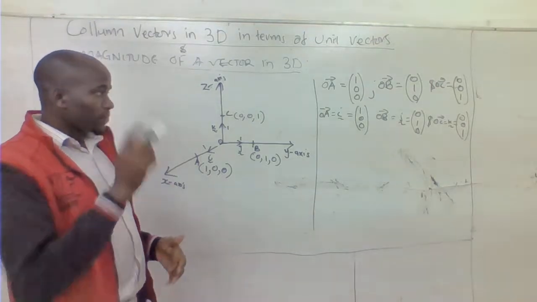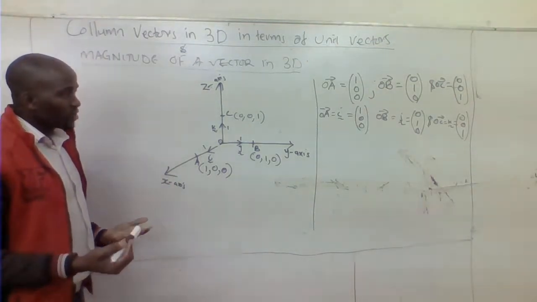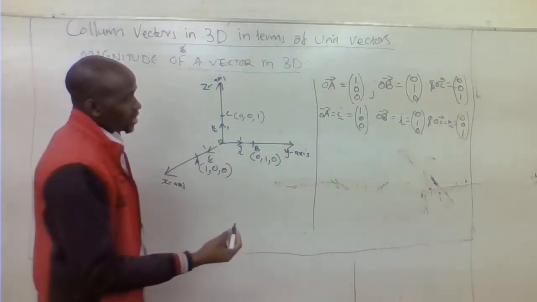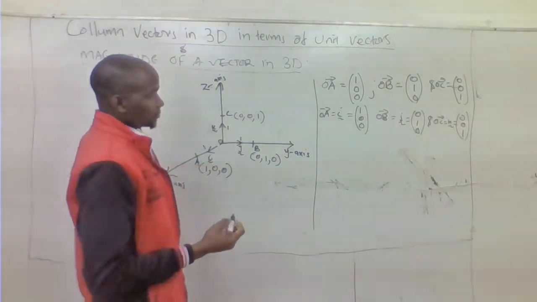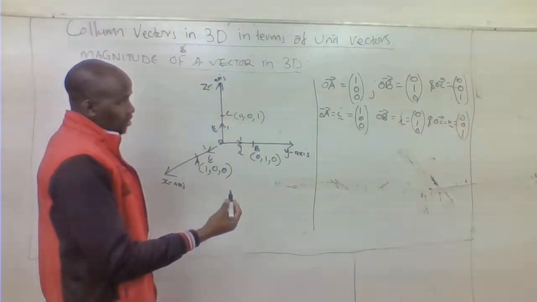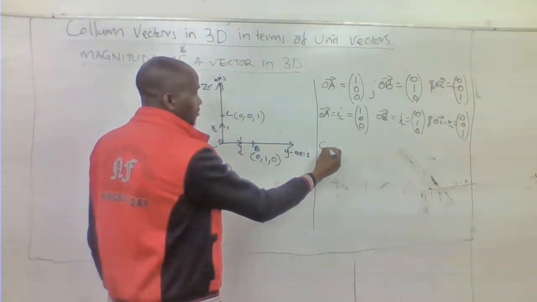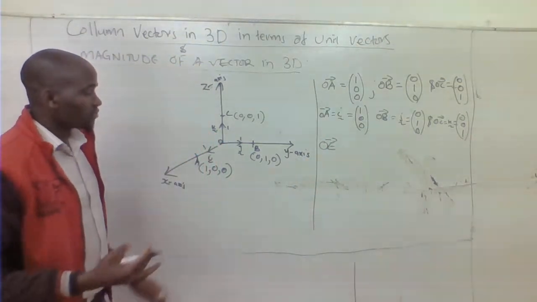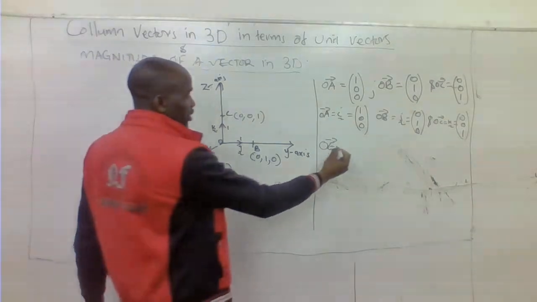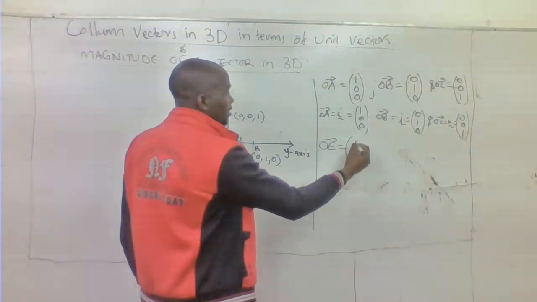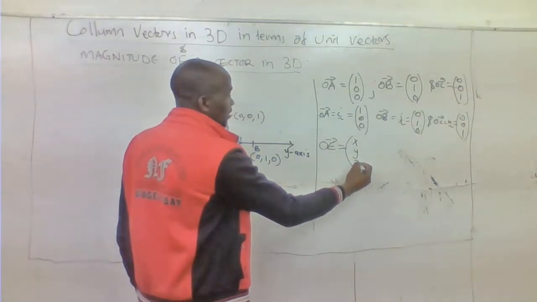So generally, if you have been given a vector that is expressed in column form, for example, let's say vector OE, it can be any vector, but it has a general column vector. Let's say x, y, z.